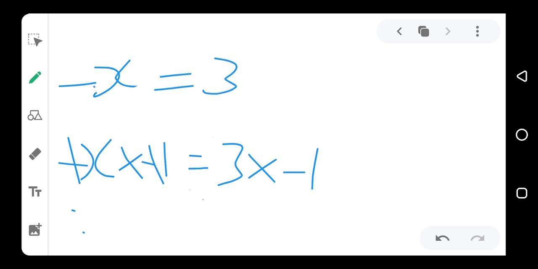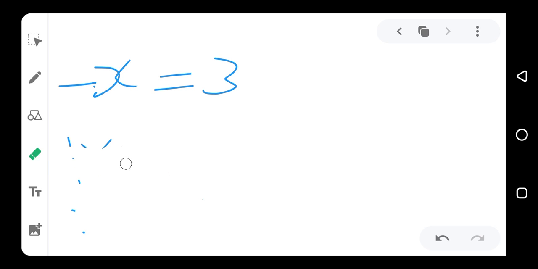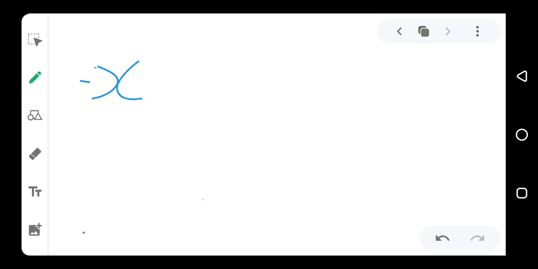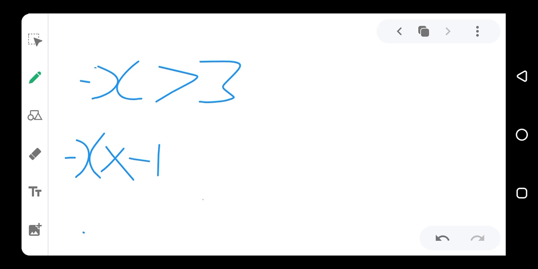Now the same way, if we have minus x is greater than 3, and we want to clear this minus using multiplication, then if we say minus x multiplied by -1, now this is going to reverse this one.